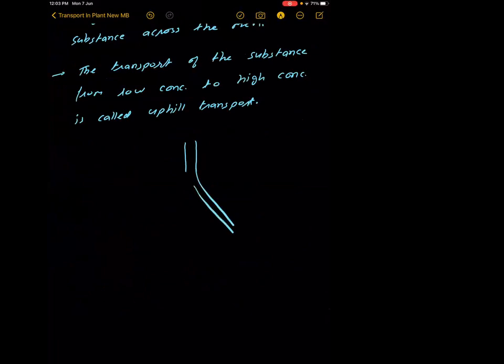This is a root, and these are root hairs, the epidermal cells. These are soil particles. And between them, suppose potassium ion, H ions, NO3 ions. These are present, minerals.